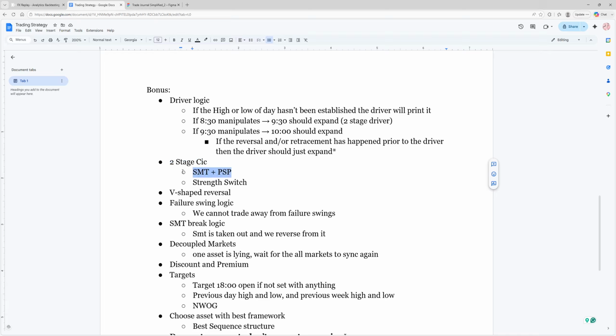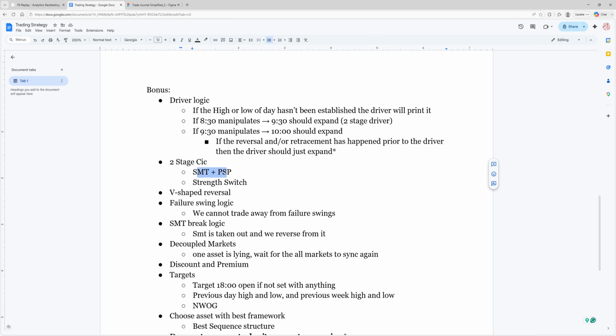There are two types of two-stage divergences. Two-stage Kraken correlation, which is going to be an SMT plus a PSP, or two-stage SMT. So you'll have two SMTs, like one here, and then one here. That's a two-stage Kraken correlation or two-stage SMT, which is a two-stage CIC.